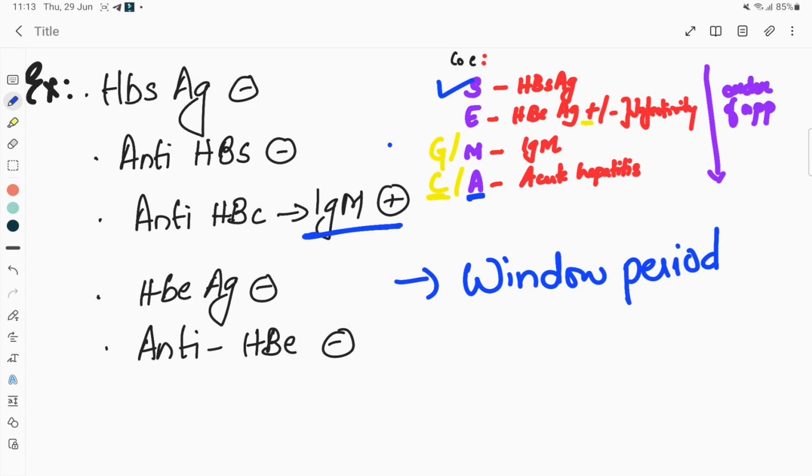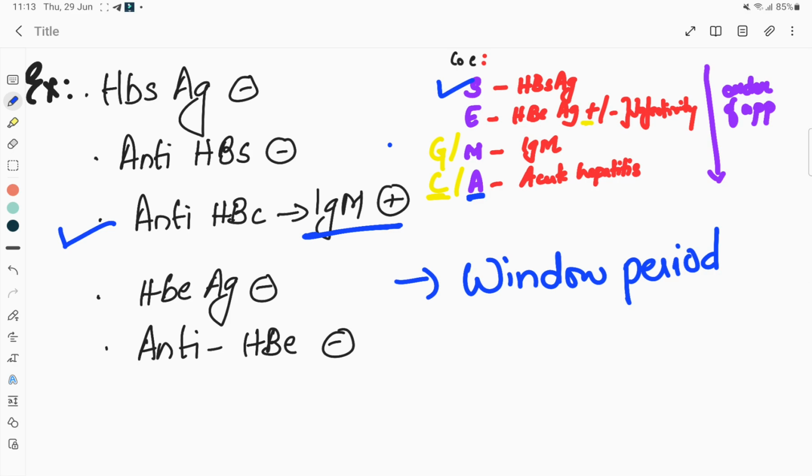If you suspect that the patient is having a window period, you must check this value, IgM anti-HBc, because if you check for HBsAg or any other parameters, they will all become negative and they will show you what, guys? They'll show you false. Actually, it is false negative. I mean, the patient has the virus, but all the parameters become negative.